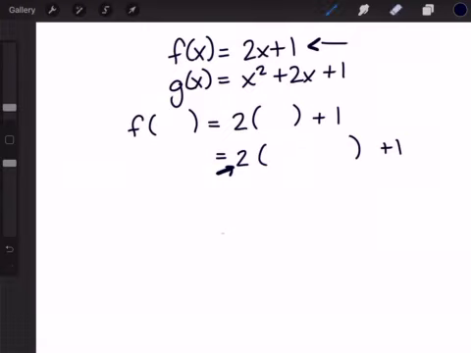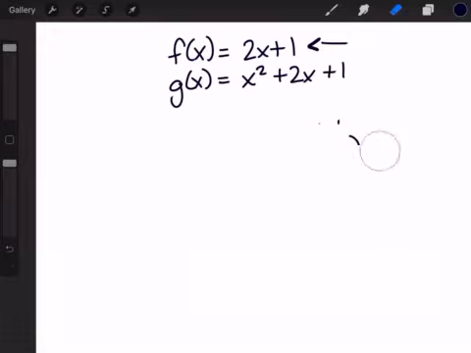Now, the notation on the paper is a little bit different. The notation that I've been using for this is f of g of x, where you can see what goes inside, right? This g of x.